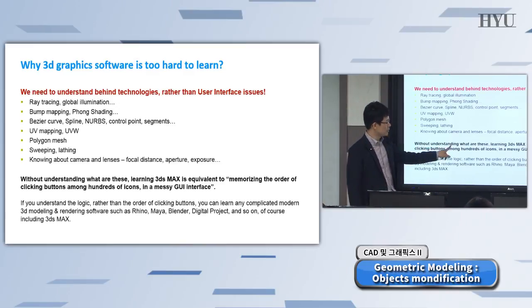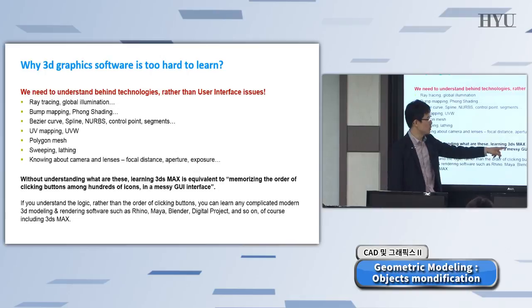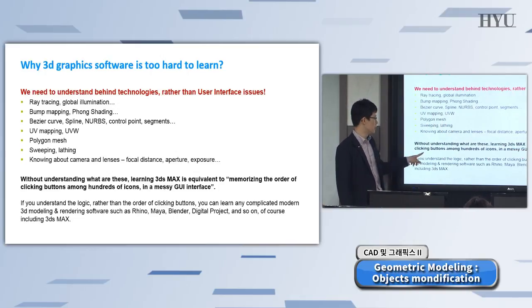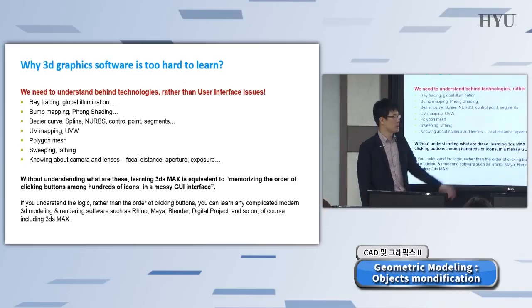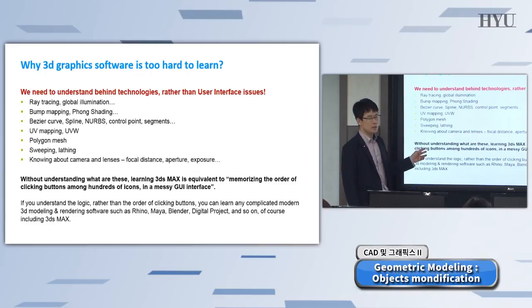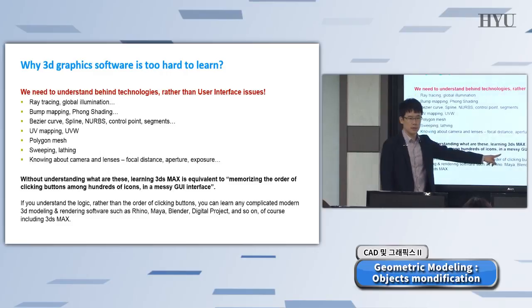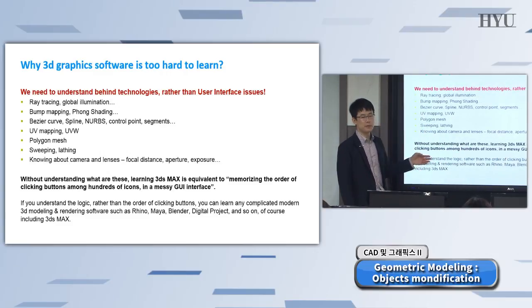Without understanding what these are, learning 3D Max is equivalent to memorizing the order of a clicking sequence, okay? Which icon means what? What to click for doing this? Memorizing such interface things is a very primitive level.